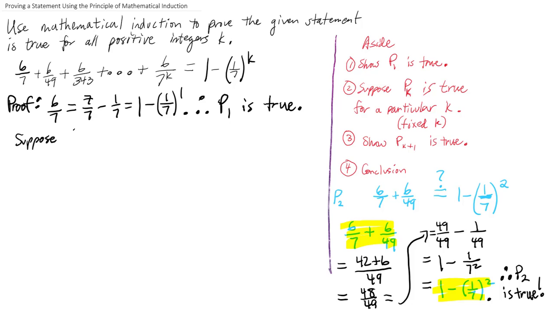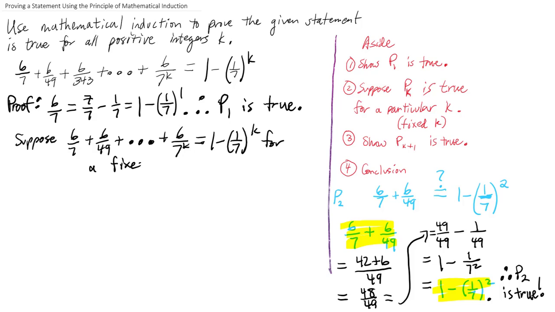What does that mean? We're going to say 6/7, the kth proposition is true. Okay, we're going to draw 3 dots now. Plus 6 over 7 to the k, is equal to 1 minus 1/7 raised to the k, for, let's say, a fixed k value.